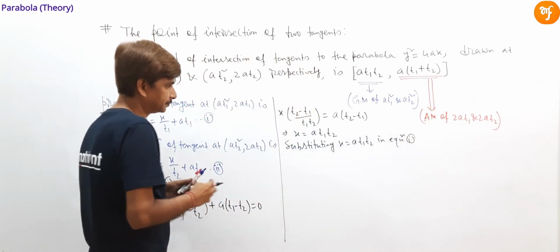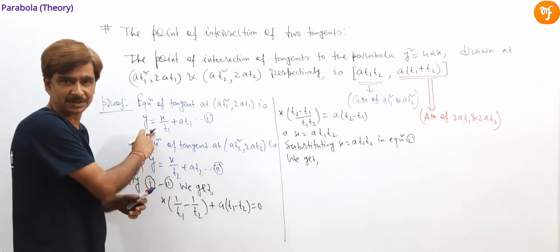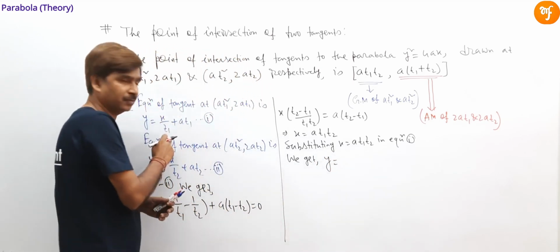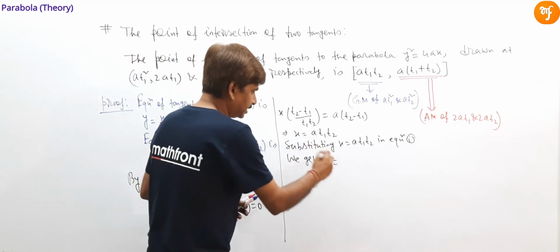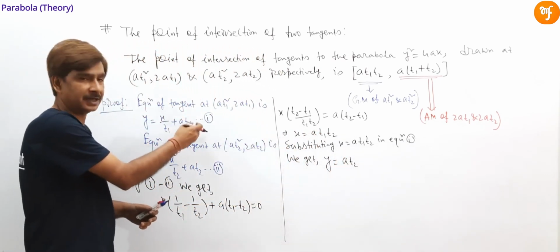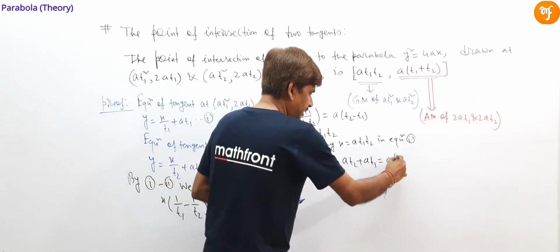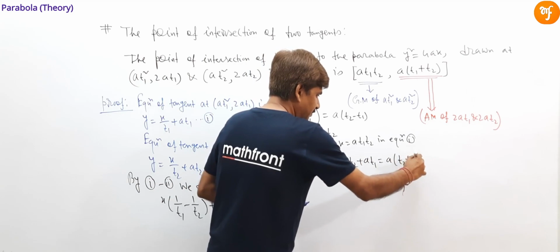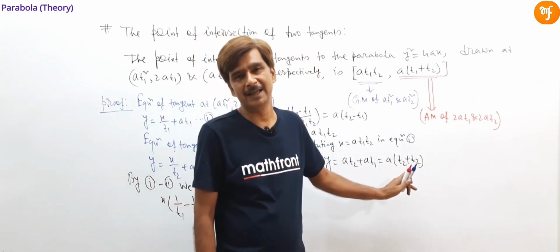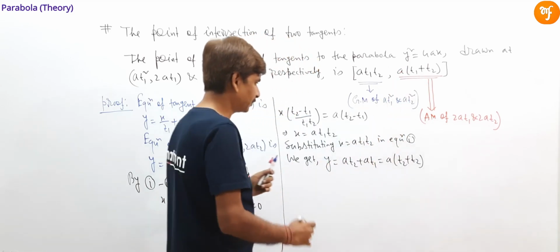We get y is equal to x by t1. So what is x by t1? It is at2. Is it? x by t1 is at2 plus at1. So this is a into t2 plus t1. So the y coordinate of the point of intersection we get as a into t2 plus t1, which we write here.